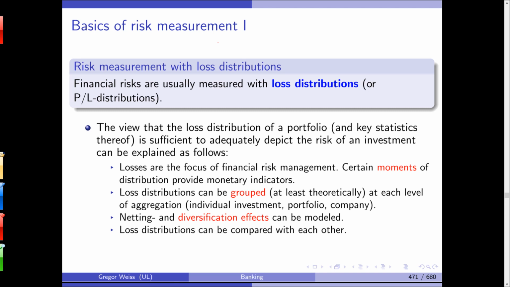They can be summed up, they can be grouped and mixed into each other, and they can be aggregated at each level. At the group level, at the portfolio level, at the investment asset class level, and so on. You can also include netting and diversification effects when using diversifications.